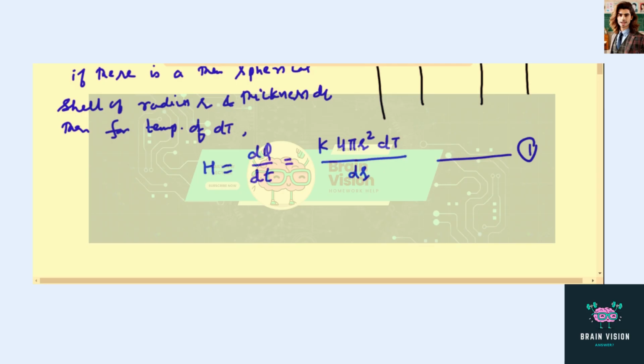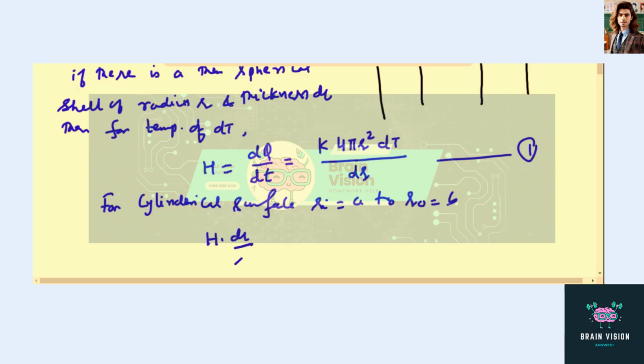So from here, for the spherical surface, radius varies from A to B. So we can say H dr upon r square is equal to 4 pi k dT.